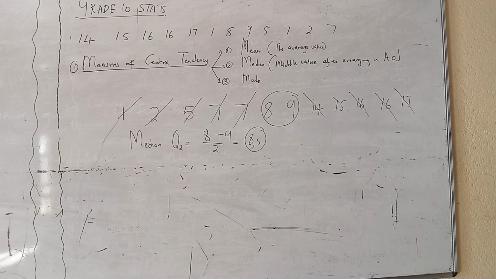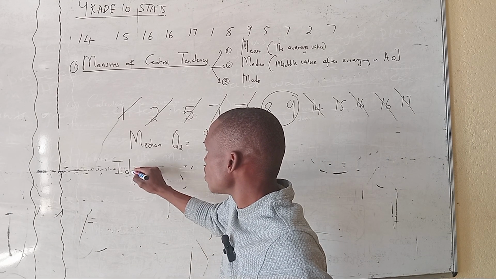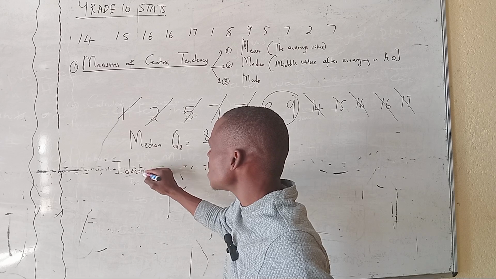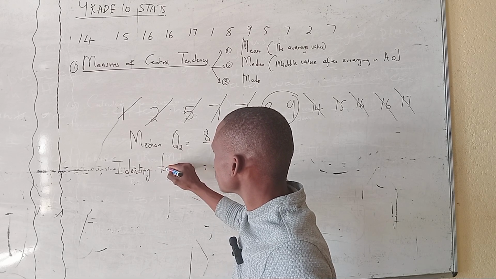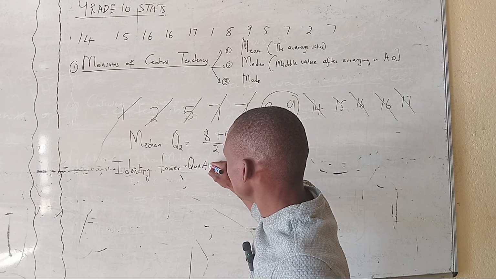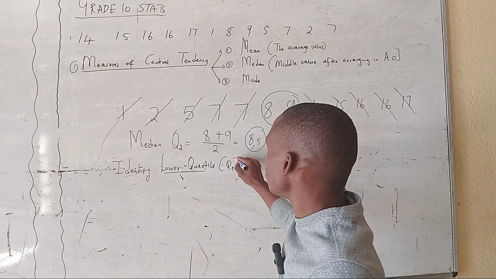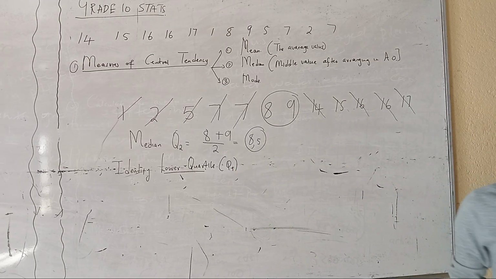We just found the median, which is called the middle quartile. I want us to identify the lower quartile, which is Q1. We just found Q2.